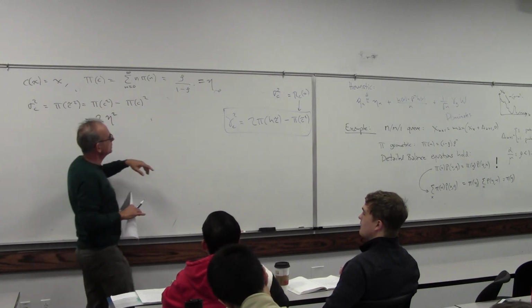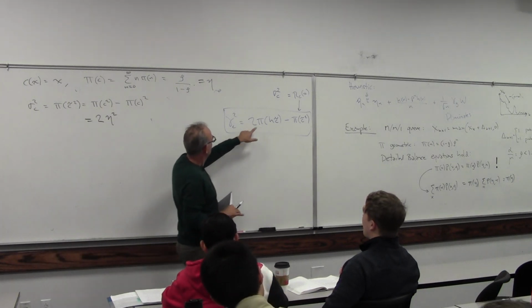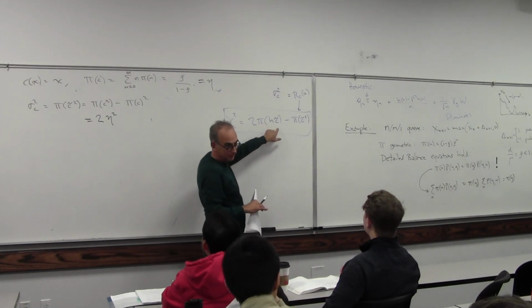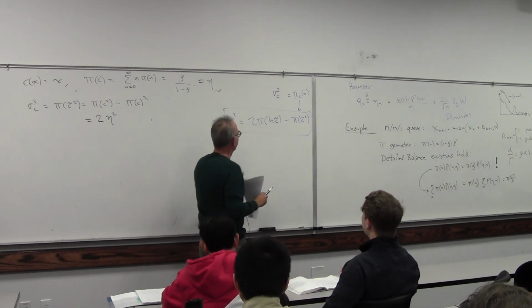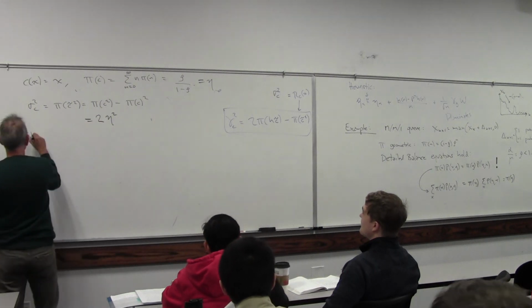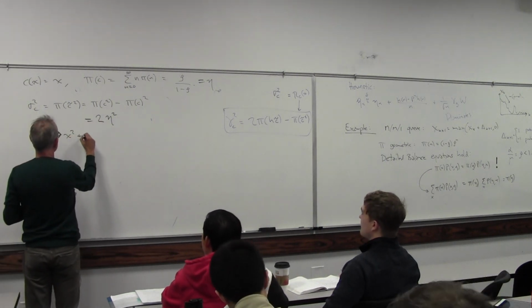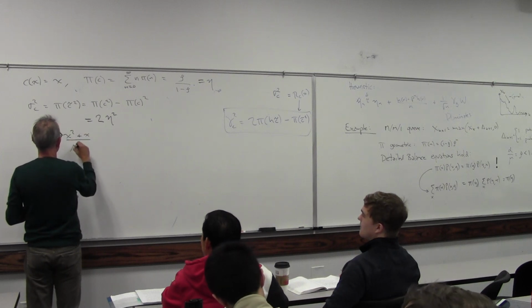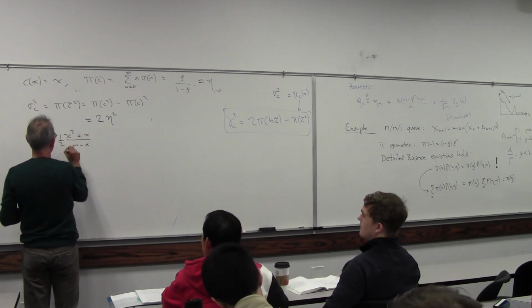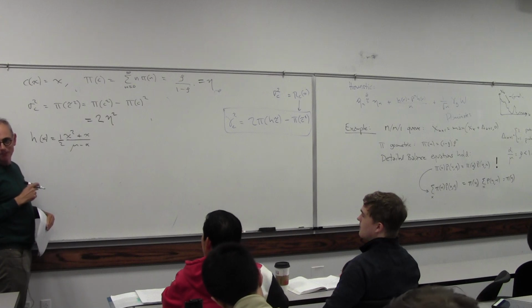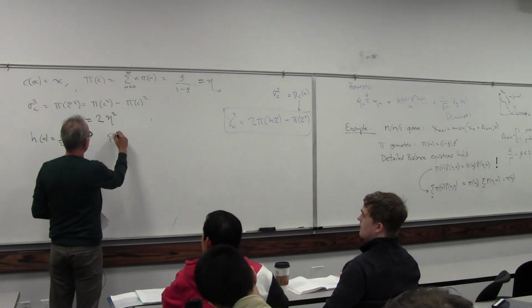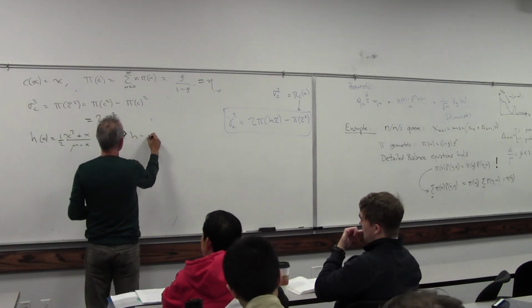Now, how about this monster over here? Pi of h c tilde. What's h? You can check this yourselves. You can just work it out yourselves, that p h equals h minus c tilde.